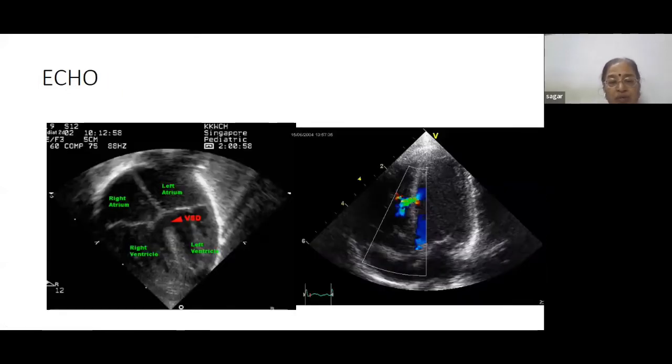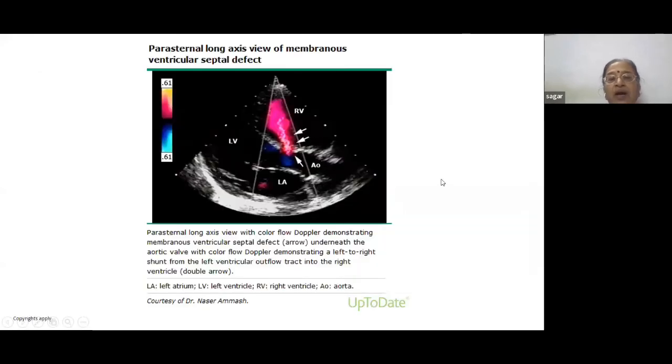Echo is the most important investigation. So you can see the VSD there between the RV and the LV, and you can make out the presence of the jet on the VSD. And you can see here on the membranous VSD, you may have to do a parasternal long axis view. Sometimes you have to do a TEE also to make out that there is a small VSD. This is especially important when you have infective endocarditis.